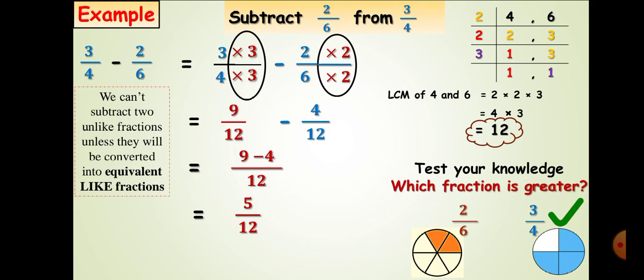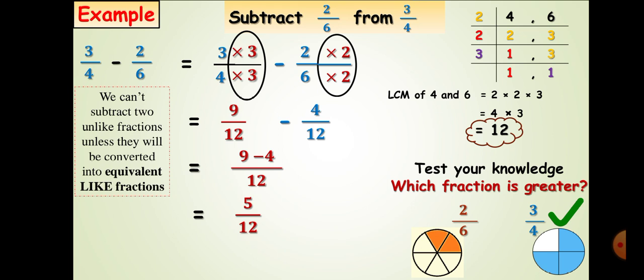2 3/4 is the answer. And here you have to subtract 2/6 from 3/4. So 3/4 minus 2/6. Why? Because order matters a lot; the greater value must come first, like 3/4. They are unlike fractions, so first we convert them into like fractions.